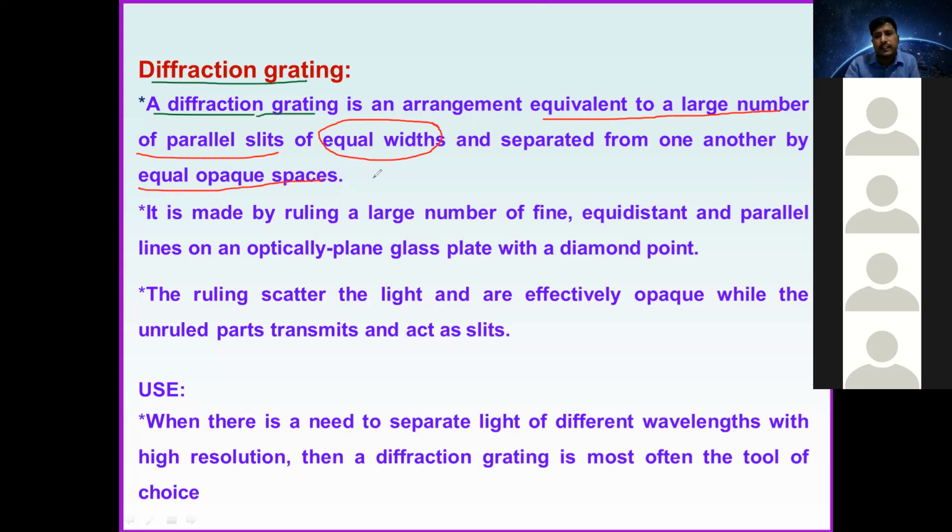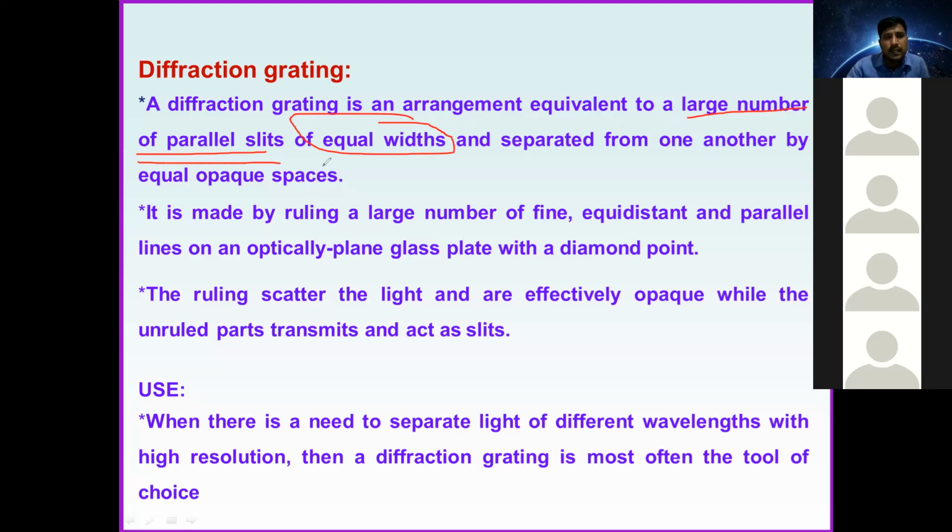Wow, wonderful. These are the bullet points that you have to remember. The diffraction grating can be obtained from the arrangement of a large number of parallel slits which have equal width, which are separated from one another by equal opaque spaces.